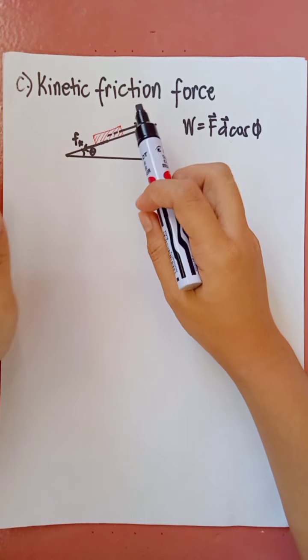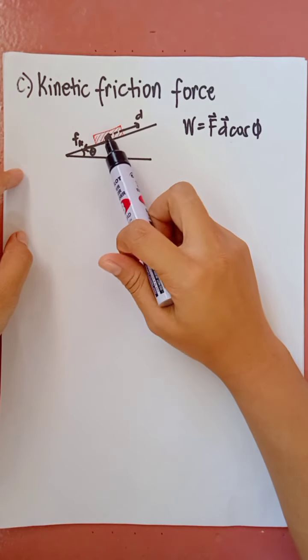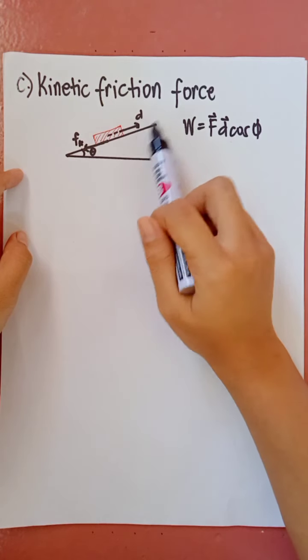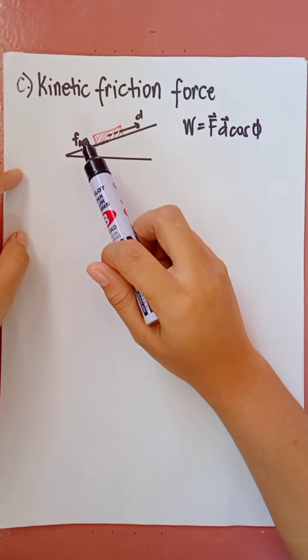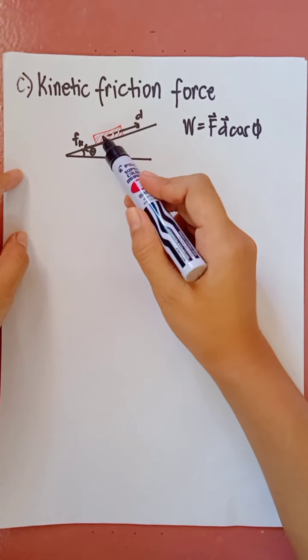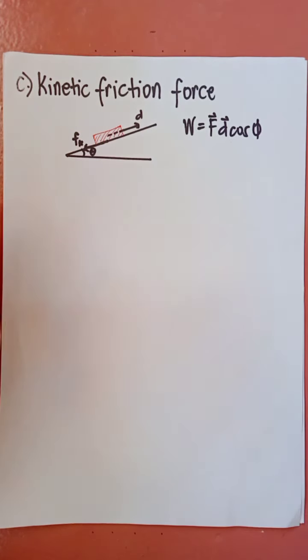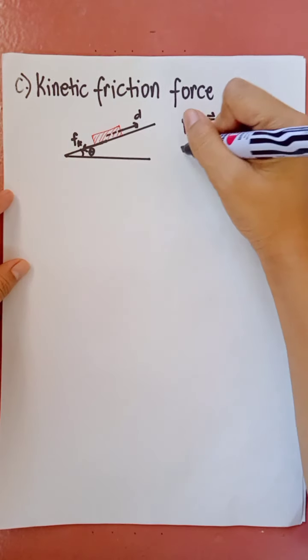Why is it 180? Because the displacement is directed up here and the kinetic friction is down here. It is the perfectly opposite direction with respect to the displacement. Thus, we have 180 degrees.